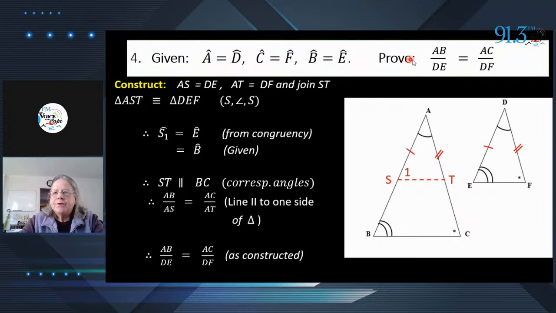Now they want us to prove that AB to DE is equal to AC to DF. Now, what is the significance of this? Because it took me a while to understand how you tie this in with the problems later.